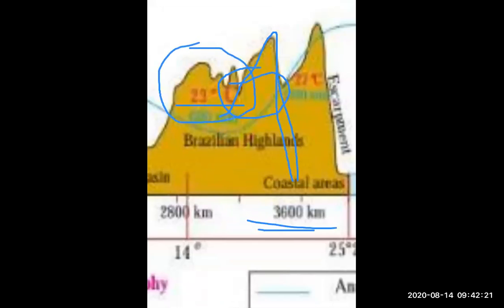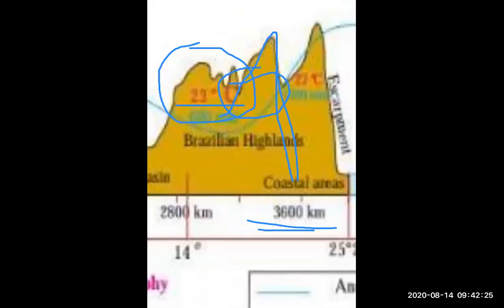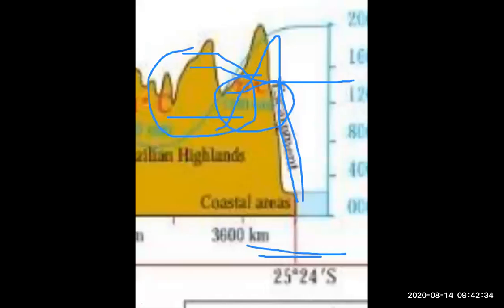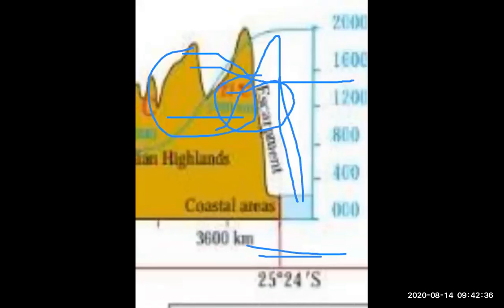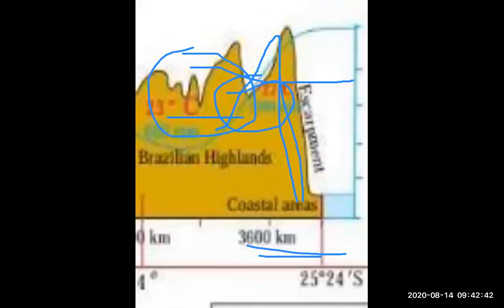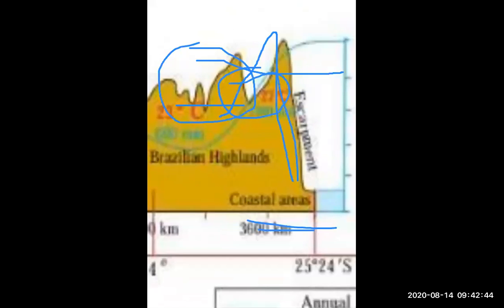And if you are talking about rainfall, look at this line, students. The line goes between 1200 to 1600, means it is approximately 1400 millimeter of rainfall in the Brazil highland.